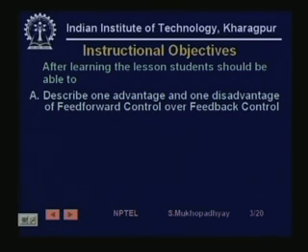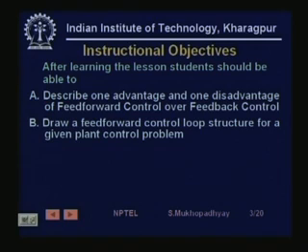There is a fundamental disadvantage of feedback control which is overcome by this feed forward structure, and on the other hand the feed forward structure also suffers from a disadvantage which is overcome by feedback control. We will comparatively assess these two, and given a control problem, we should be able to draw a feed forward control loop structure.